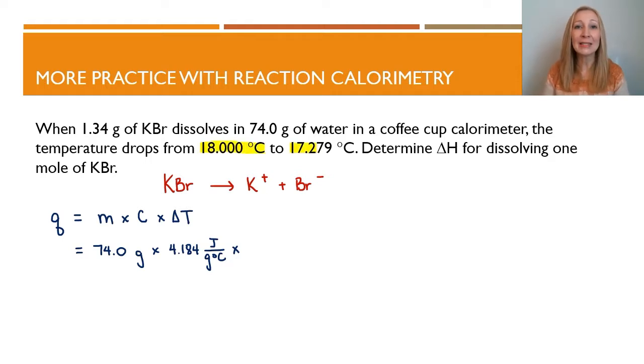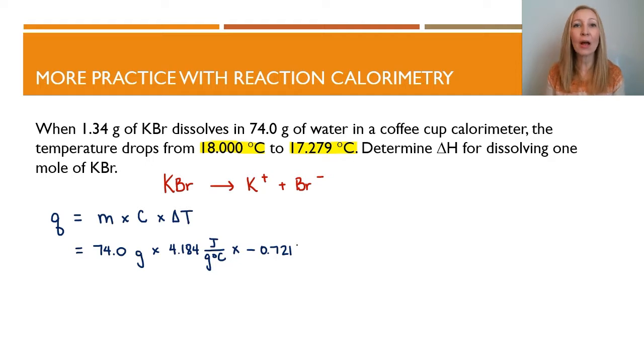So the water decreased in temperature. The water got colder. So it got colder by 0.721. So we write a negative 0.721 degrees Celsius.